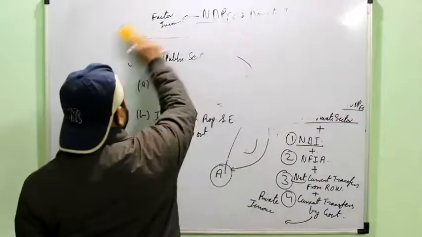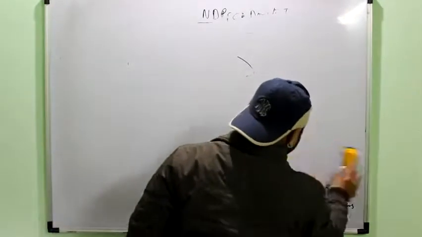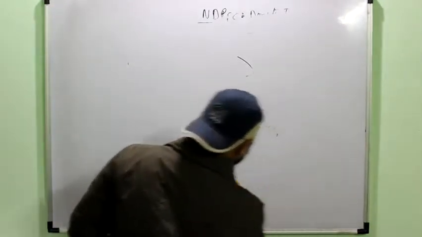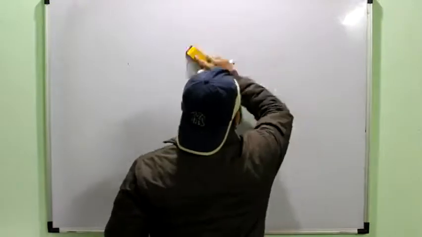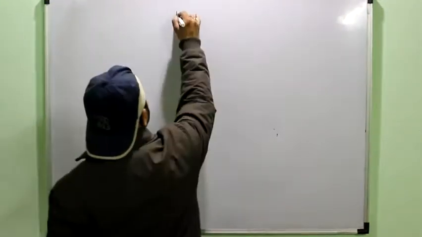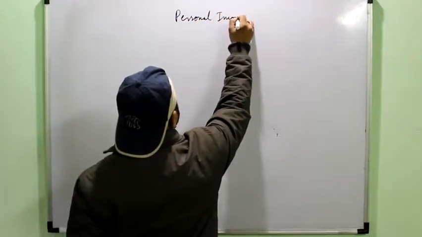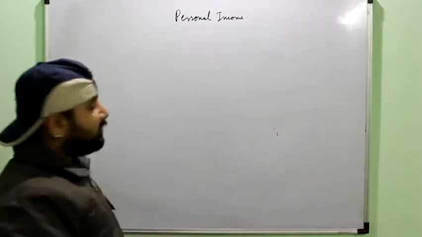Okay, so now after the private income, the next aggregate is personal income. Again, for personal income, first we have to understand the definition. First understand the meaning of this term personal.